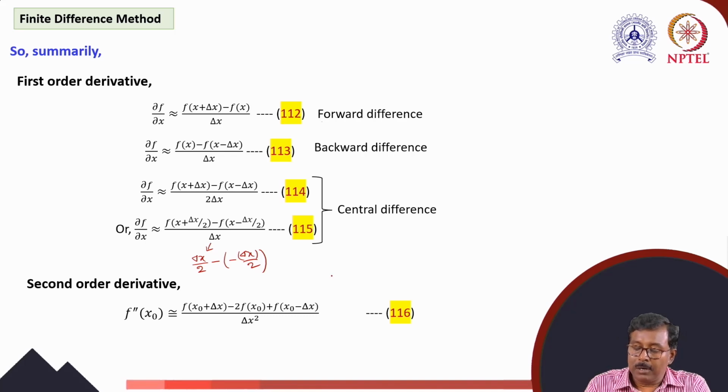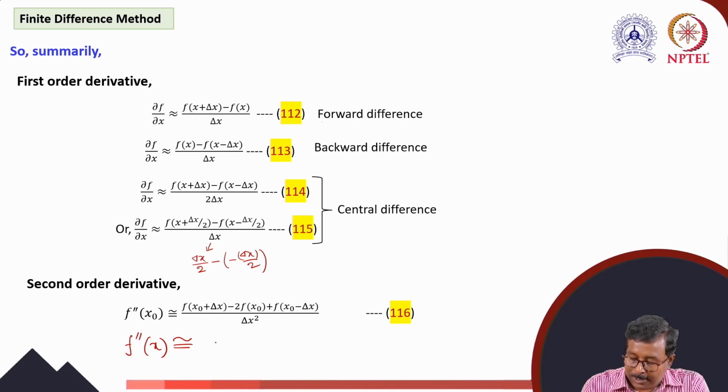So these are the three formulas for the first order derivative, and for the second order derivative this is the formula at x0. Here also, instead of x0 you can write x. In that case it doesn't matter. So f double dash x will be, and the approximation sign is there because we have truncated the Taylor series and discarded some terms.